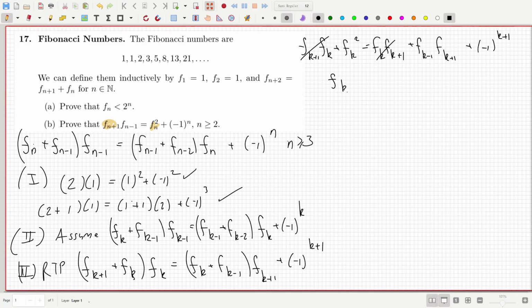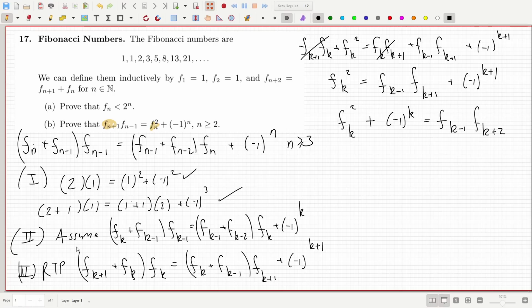So now I have Fk squared equals Fk minus 1 times Fk plus 1 plus minus 1 power k plus 1. If I take this over to the left, it changes sign, which would have the effect of just altering the power. This is starting to look promising because I'm getting pretty close to the original.